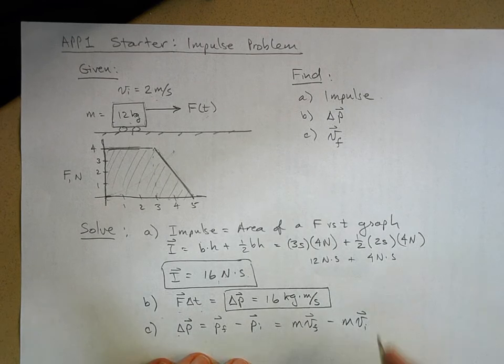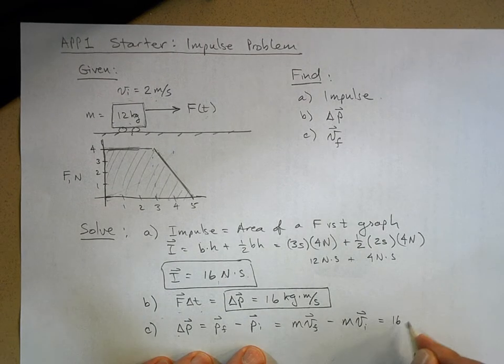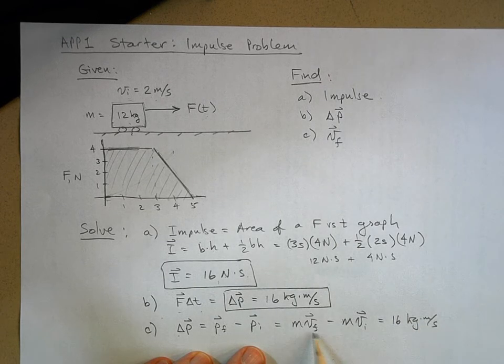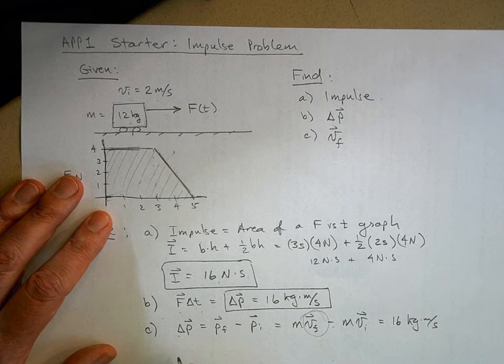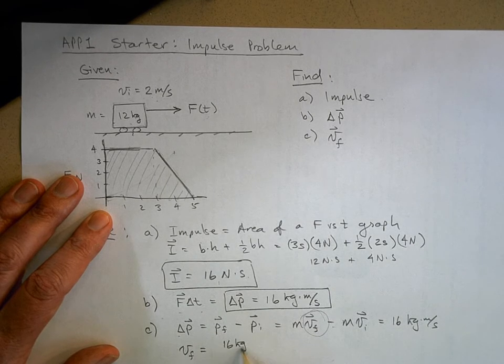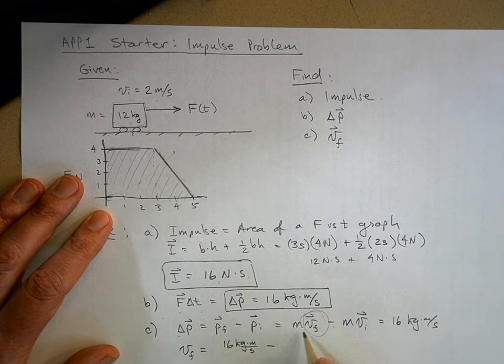And this is going to be equal to 16 kilogram meters per second. So now I can solve for this. So I'm going to add this to the other side and then divide by the mass. So the final velocity will be equal to 16 kilogram meters per second minus, or I'm sorry, plus, because we're going to add this to the other side, plus the mass.